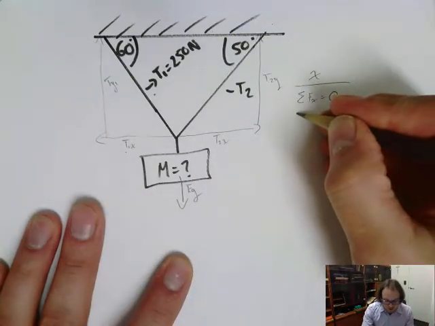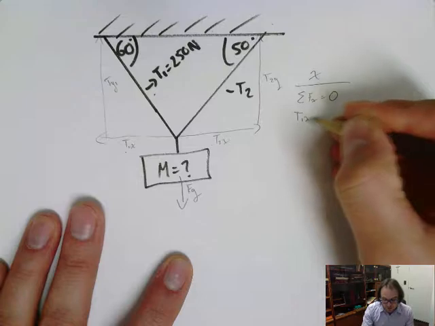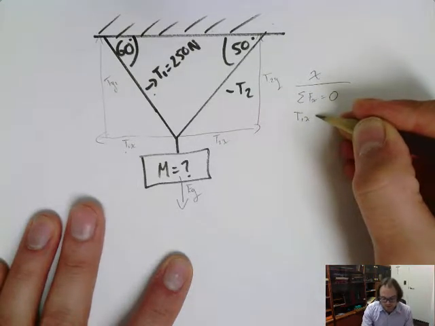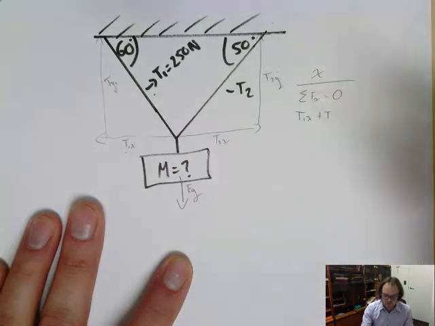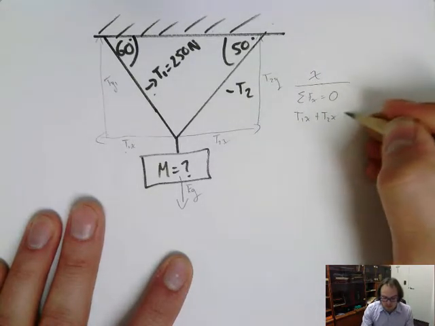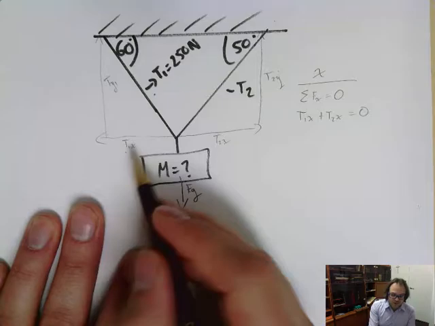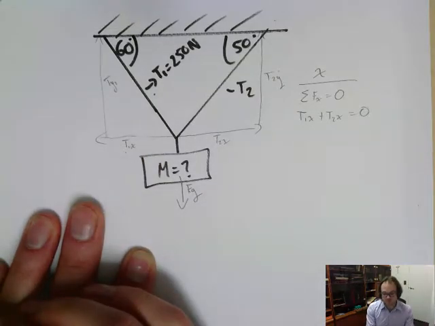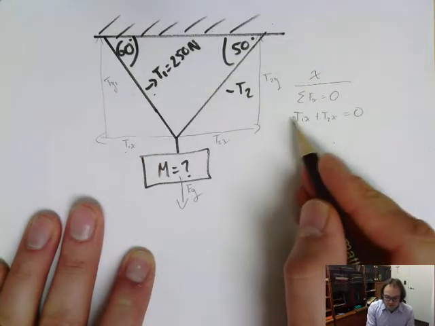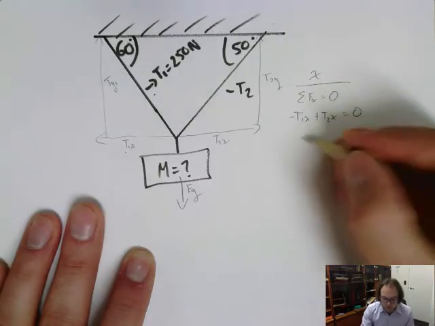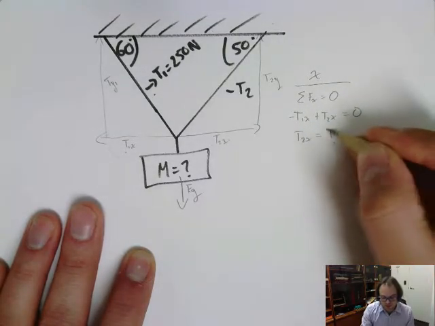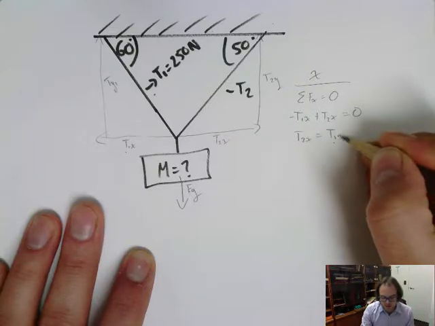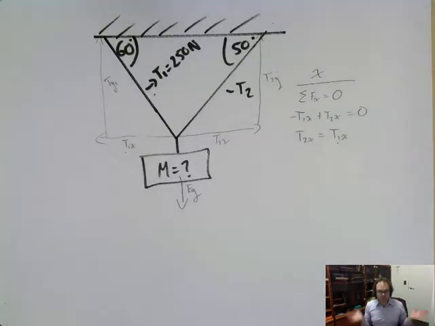That means I know that T1x, the tension of rope 1 in the x, plus the tension of rope 2 in the x, must be equal to 0. I know this tension here is negative. So if I move that over, I know that tension 2 in the x must be equal to tension 1 in the x. Okay?